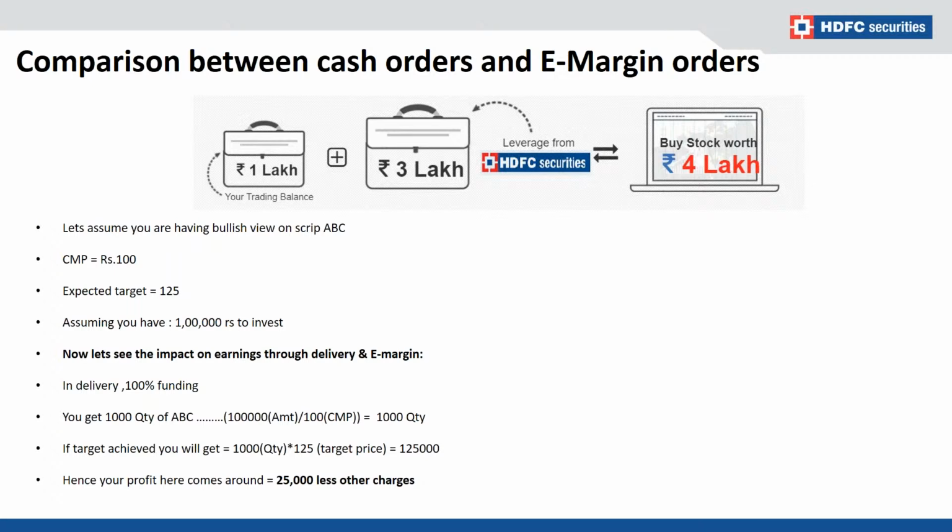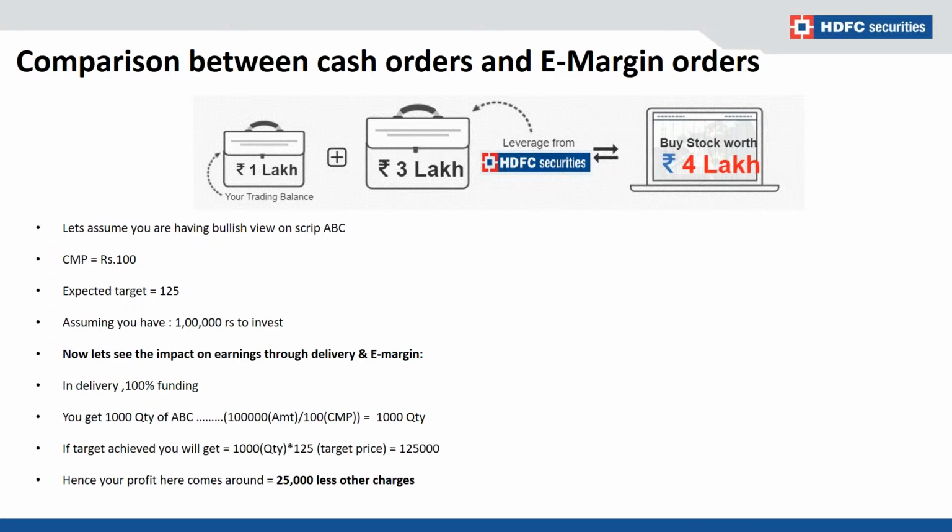Hence, profit comes around 25,000 minus the brokerage and the other charges. So here the customer would make a gross profit of 25,000.